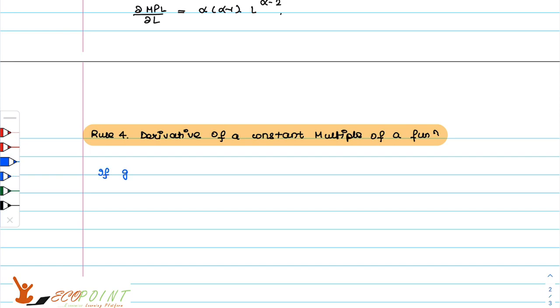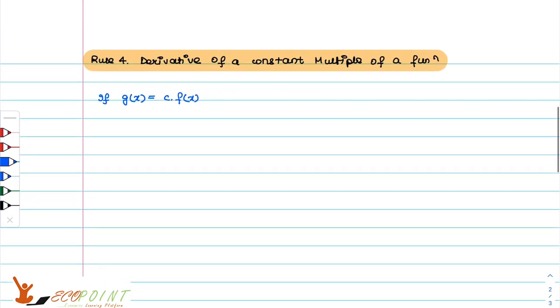So if you have the function g(x), which is c into f(x), and g dash x is c f dash x.